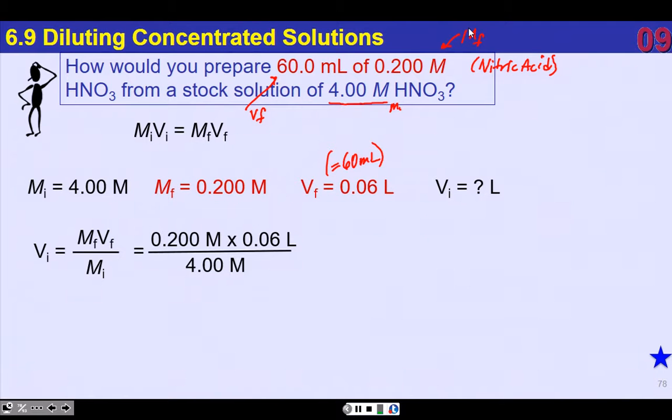And then the molarity cancels, and the answer we have should be in liters, but it might not be what we want to know because we don't really always use liters. It's going to be 0.003 liters. Well, that's not very much. It's 3 milliliters. Remember that 1,000 milliliters is 1 liter, and you can use that as a conversion factor to get from 0.003 liters to 3 milliliters.